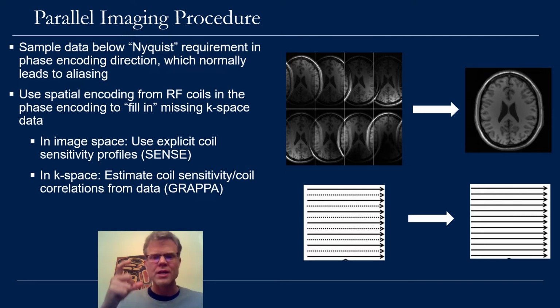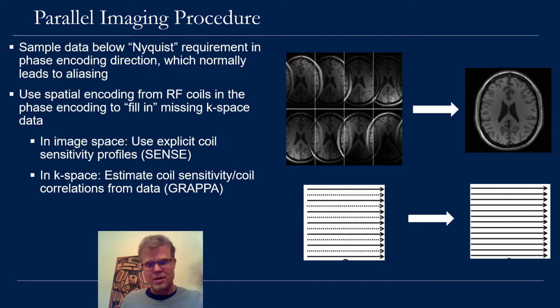There are 2 major classes of techniques for parallel imaging. The first is the so-called SENSE methods. This problem is fixed in image space. Can we use the explicit coil sensitivity profiles, to try and measure or approximate these sensitivity profiles?